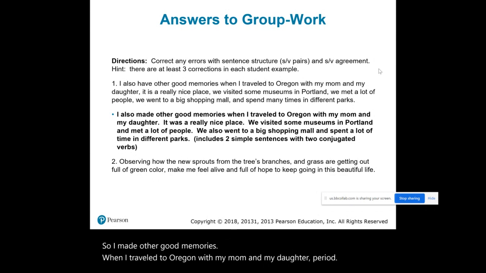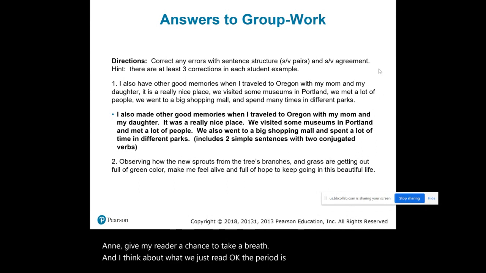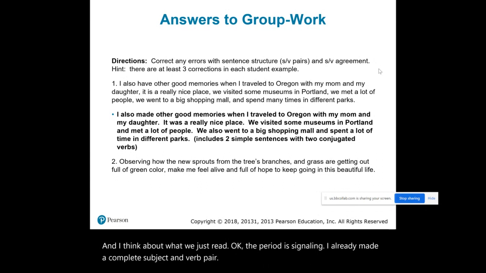Now, why do I need a period? Because I need to give my reader a chance to take a breath and to think about what we just read. The period is signaling I already made a complete subject and verb pair. I also made other good memories.